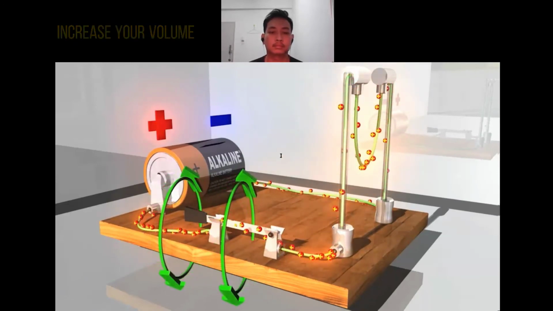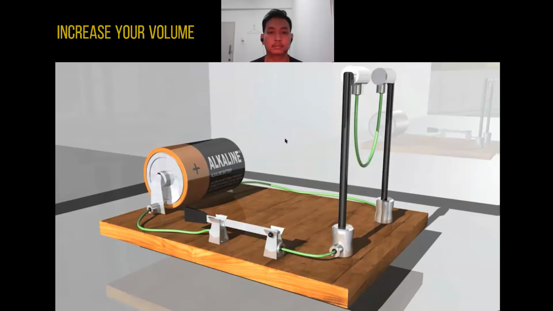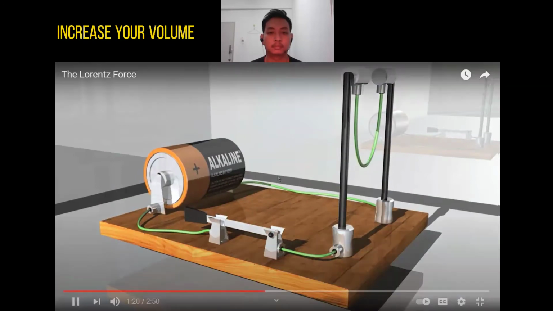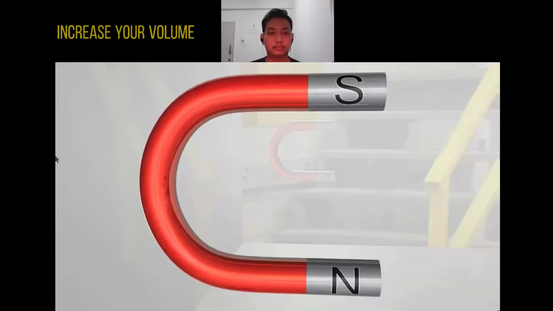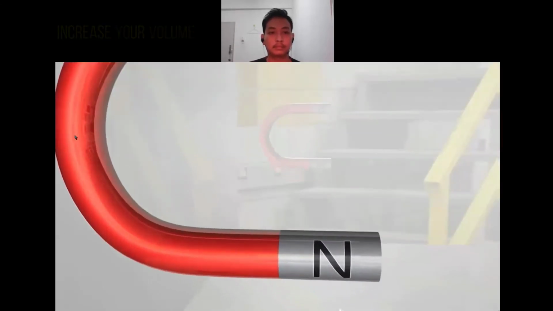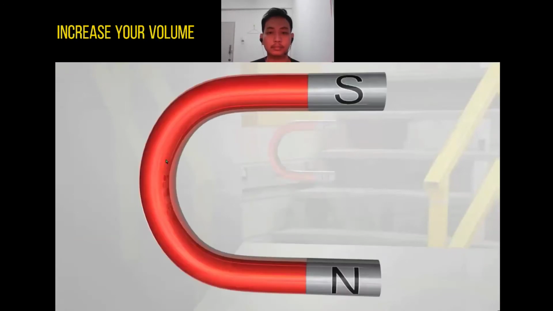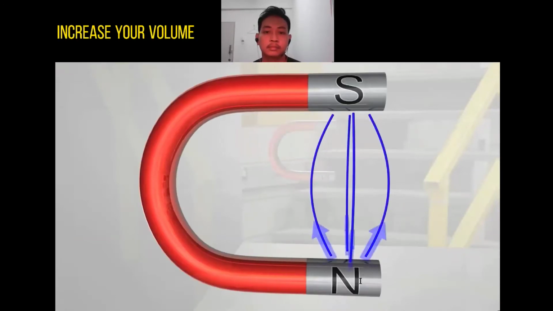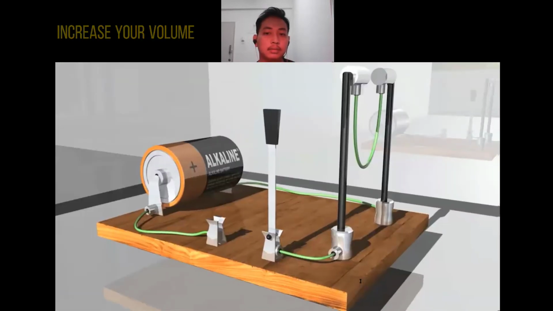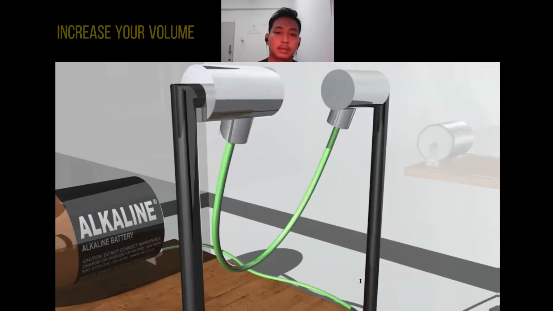The magnetic field produced by the current will interact with another magnetic field, just the way two magnets repel or attract each other. Here's a horseshoe magnet with a north and south pole. The magnetic field always points from north to south, as shown by the blue lines. This wire is arranged in a kind of pendulum, so it can swing back and forth.